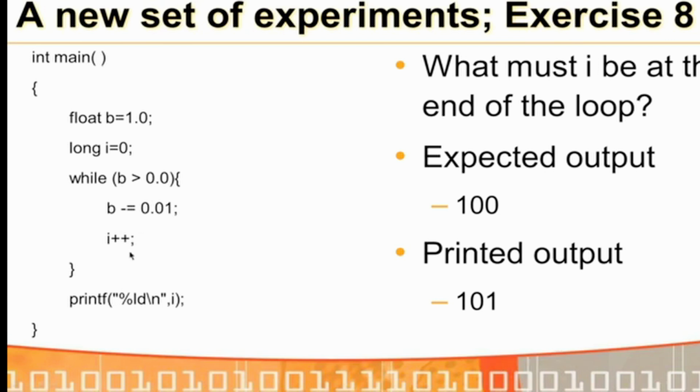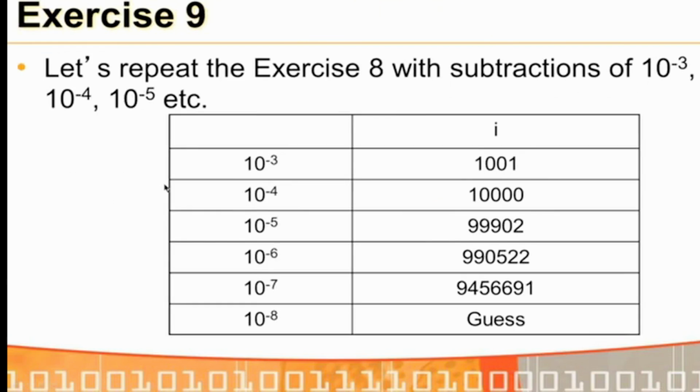So the value of i should be 100, but the value of i you get would be 101, because 101 times I need to subtract to actually make it less than 0. If you repeat this with 10 power minus 3, 10 power minus 4, you will actually find that this is 1001, 10,000 and so on. This is not going to be 1 million, it is less than a million here, sorry, less than a lakh here.